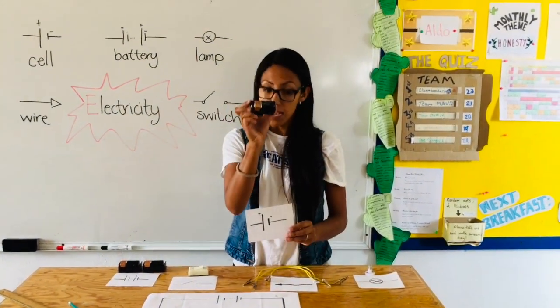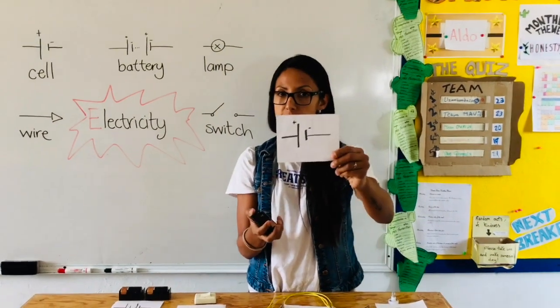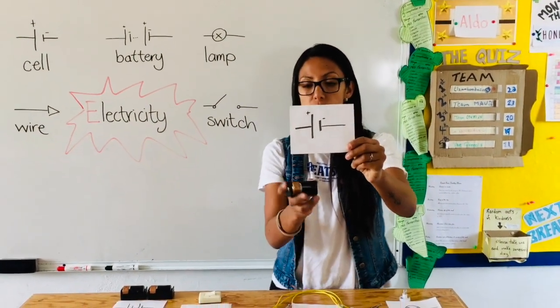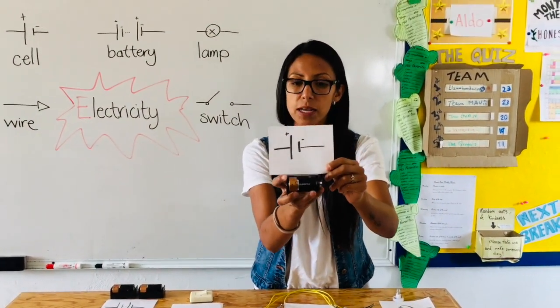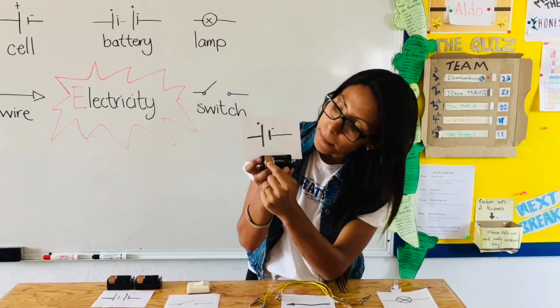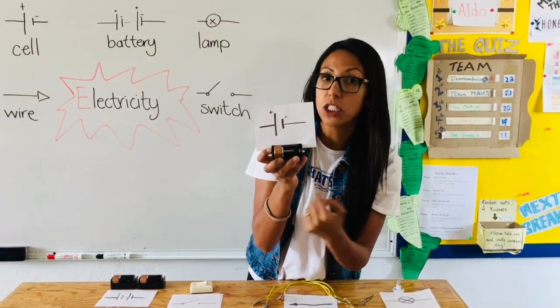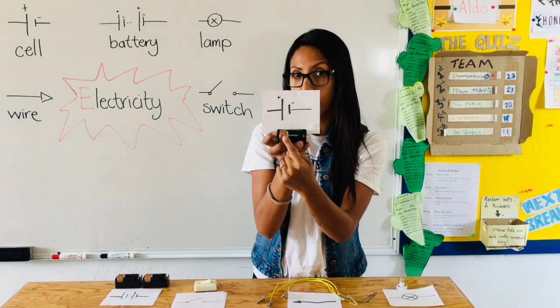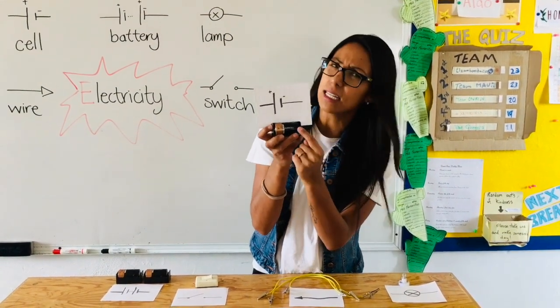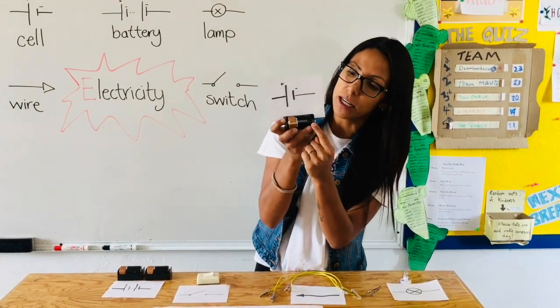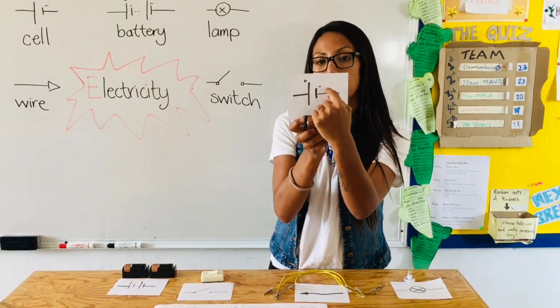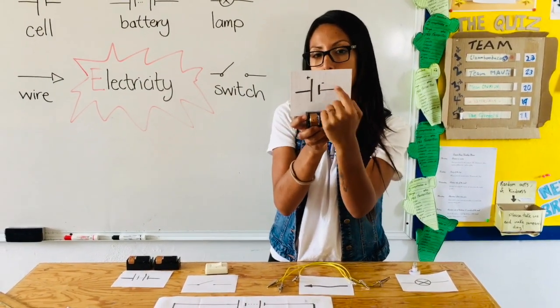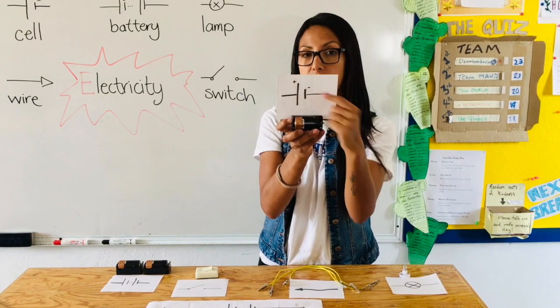So for a cell, we have this symbol. I'm sure you have seen your cells at home, and they have a plus here, which means that it's positive, and on the other side you can see it because it's black as well, but it's negative, which is this symbol, right? So we have positive and negative.